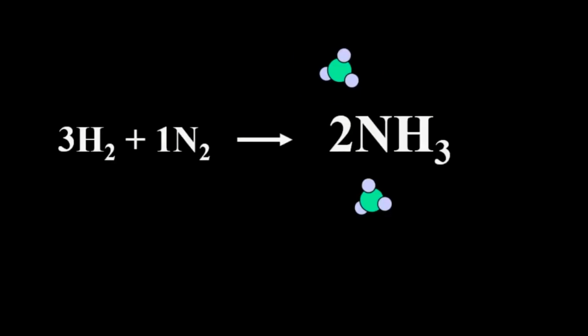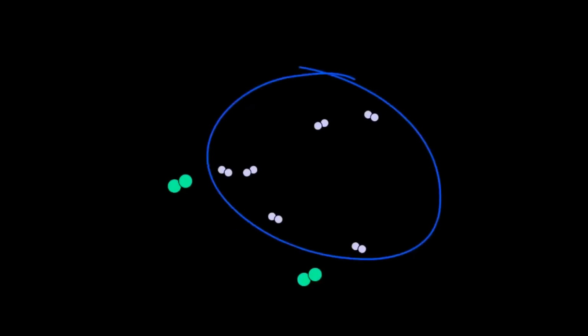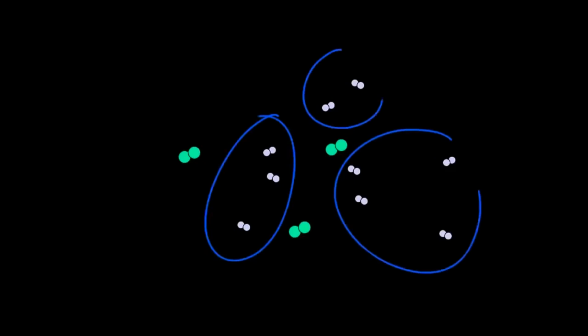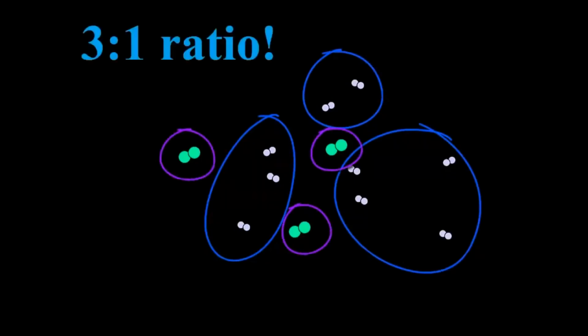In our everyday world, we are working with massive amounts of particles, and so what the coefficients can actually tell us are simply the ratios of what is going on in the chemical reaction. For example, if we have 6 hydrogen molecules, they are going to react with 2 nitrogen molecules. Or, if we have 9 hydrogen molecules, they are going to react with 3 nitrogen molecules.